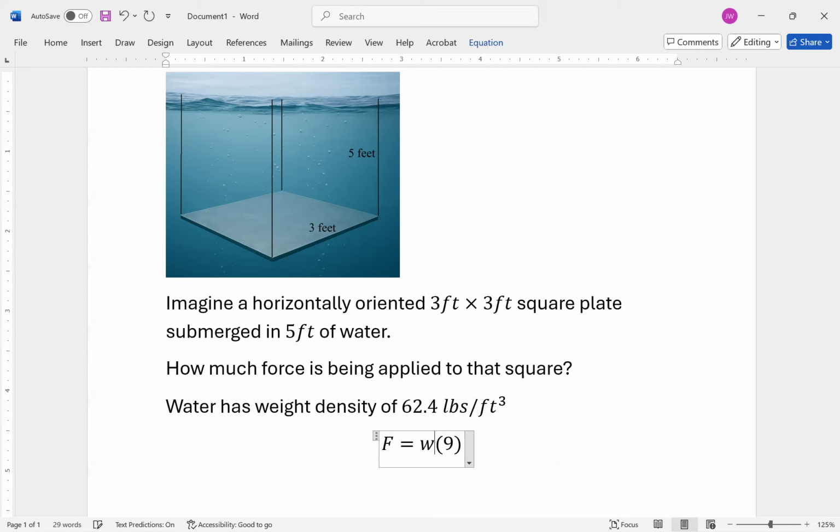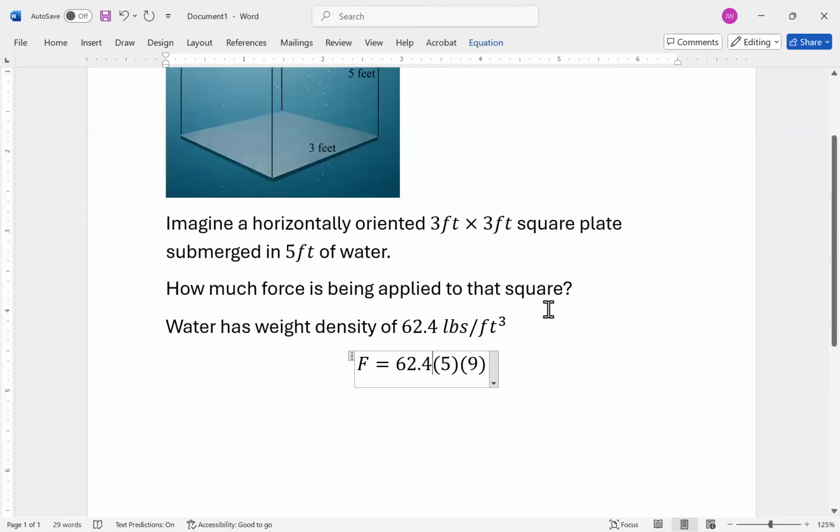We said the depth is 5 feet, and the weight density is 62.4 pounds per cubic feet. So the force is just this multiplication, 62.4 times the depth times the area, which is 2,808.